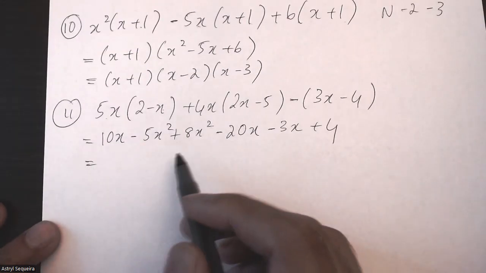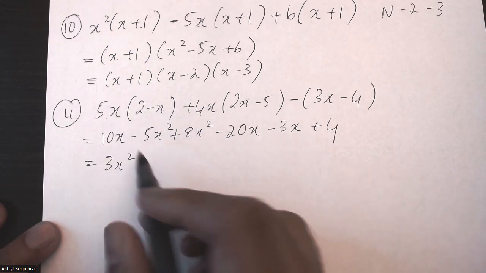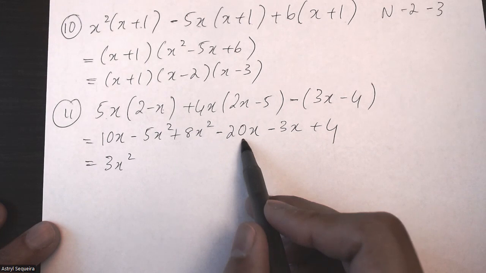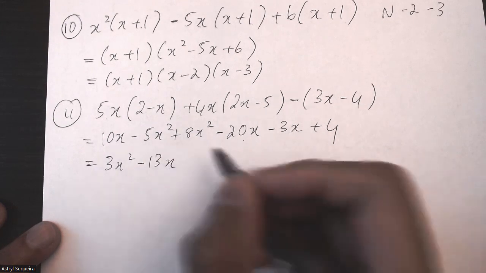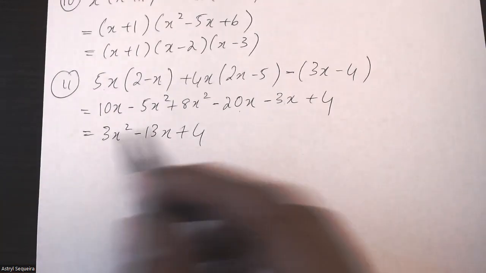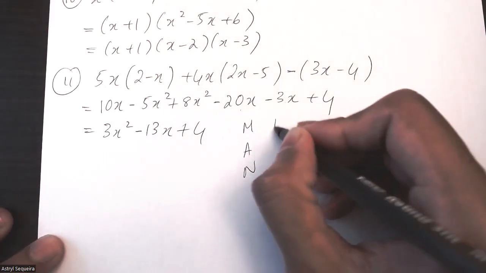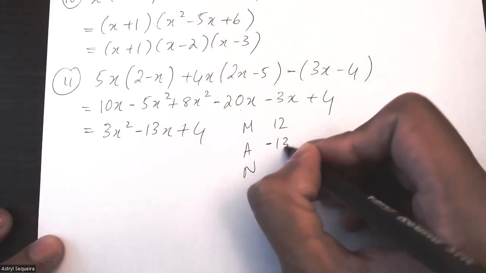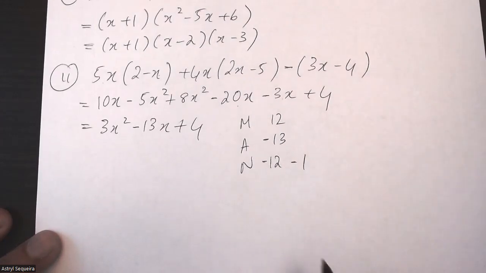Then you want to combine like terms. I'll do the x squares first. So that's just 3x squared. 10x minus 20x minus 3x. That's negative 13x. Then I only have one constant, plus 4. Now we can try to factor this. It's a complex trinomial. So what multiplies to 12 and adds to negative 13? It's just negative 12 and negative 1.